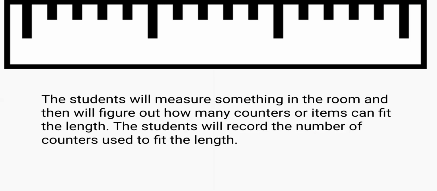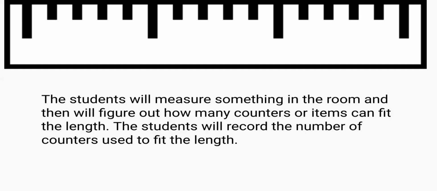The students will measure something in the room and then will figure out how many counters or items can fit the length. The students will record the number of counters used to fit the length. In the book, they had an example that the students can use the side of their desk and estimate how many marbles will fit, or how many counters will fit against the side of my desk.